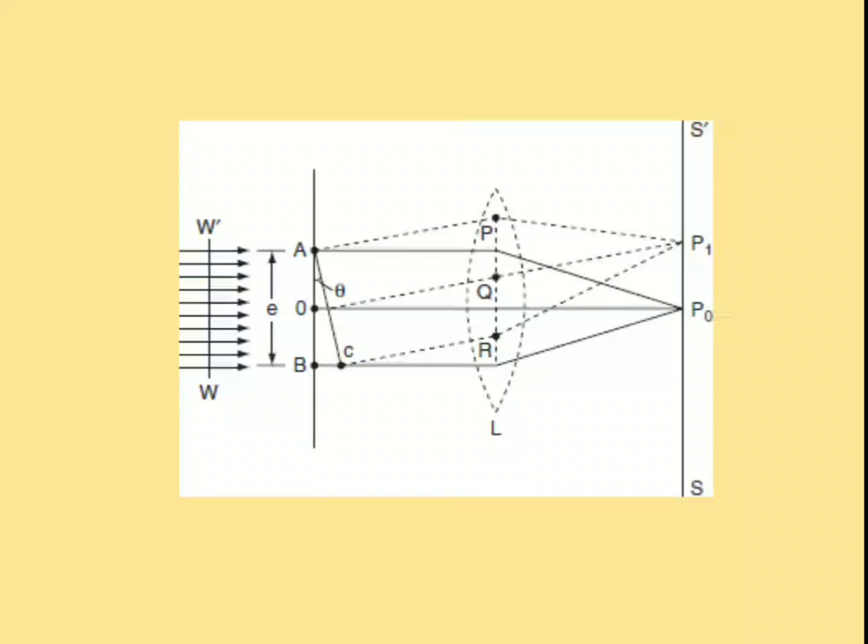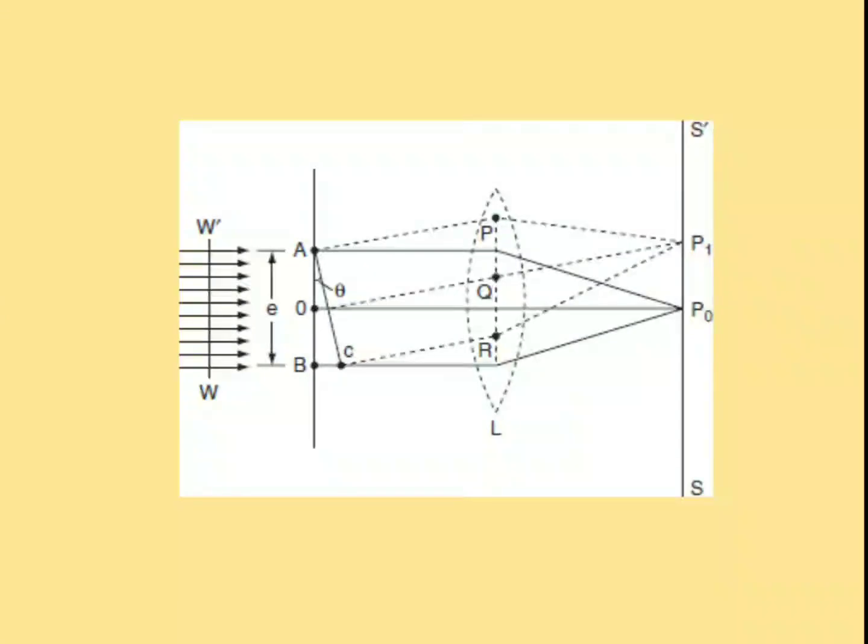That's why in diffraction there exist three cases. What are the three cases? One is central maxima. At the point P0 the light rays have no path difference, so automatically the intensity at P0 is very high and this point is called central maxima.